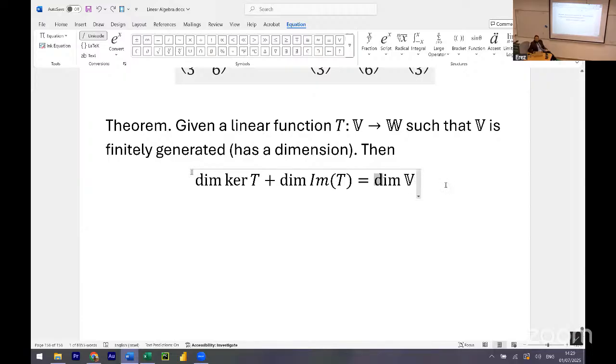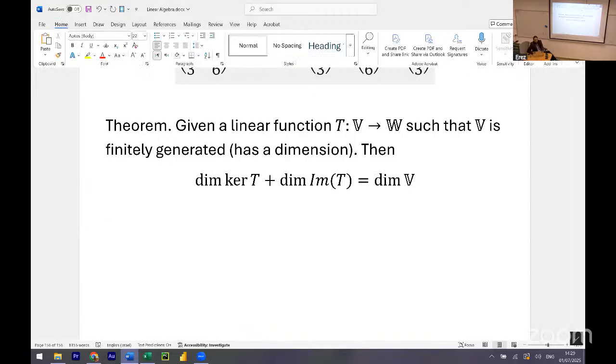And now a small theorem, which we will prove.